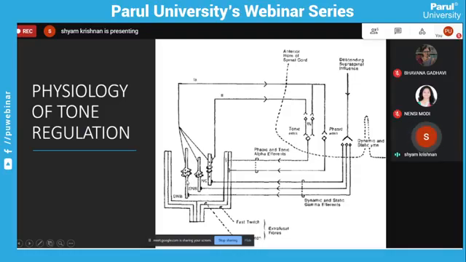So the center is going to stretch, and the stretch of the central region will lead to a firing of the 1A and 2 afferents, and that will constantly send impulses into the cord. Either it will cause a monosynaptic reflex activation of the extrafusal muscle fiber, or both together, and this is what is responsible for the normal maintenance of tone.